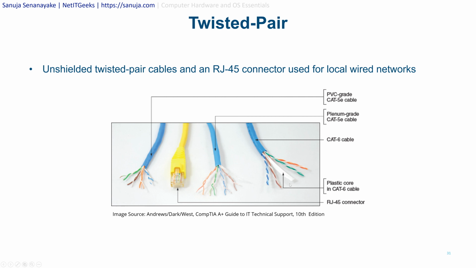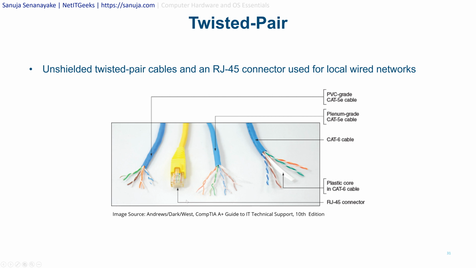And the RJ45 connector basically looks like this. You can either create these connectors yourself by using a crimping tool, or you can buy patch cables where it is already crimped for you.